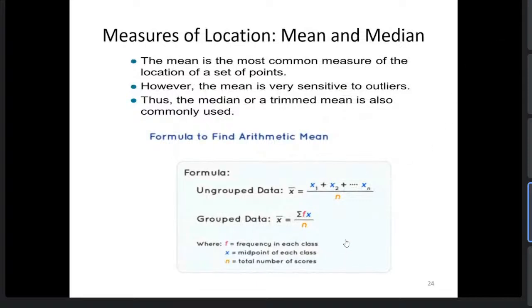To analyze the data, we must have some knowledge about probability and statistics, like mean, median, and standard deviation, and some knowledge of linear algebra. Okay, so mean is in fact a very important common measure of the location of a set of data points.